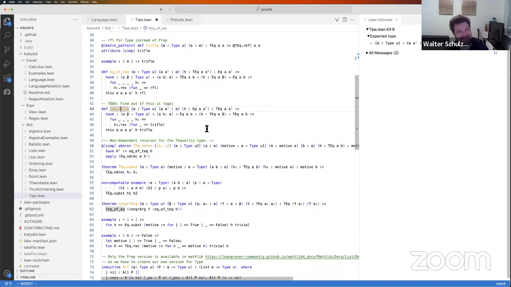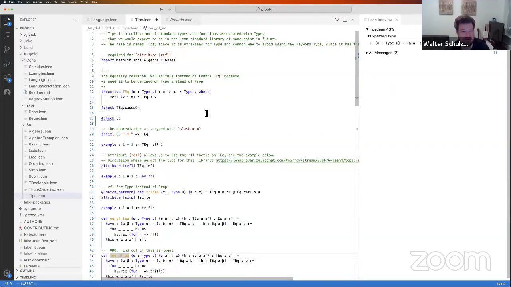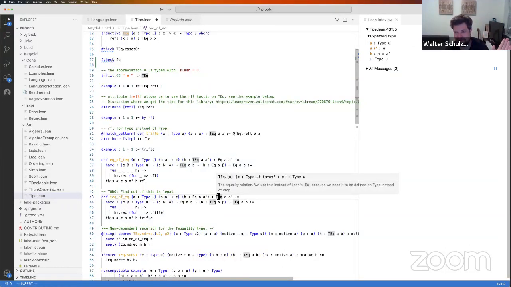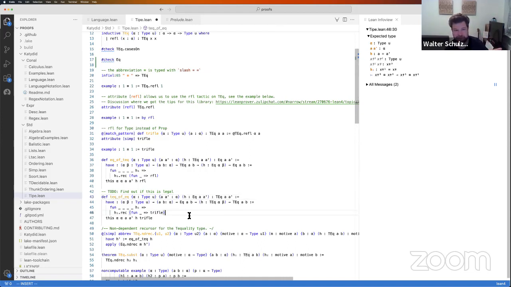But it's interesting because what we have at the top is something that goes from type to prop on 36, and on 43 we have something that goes from prop to type, which is usually illegal.